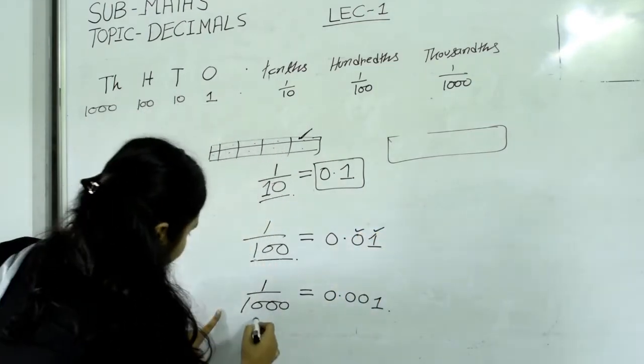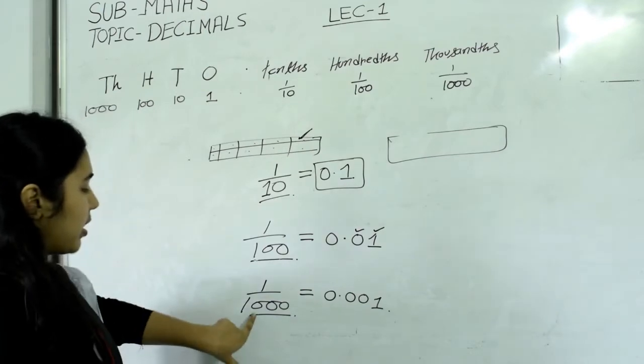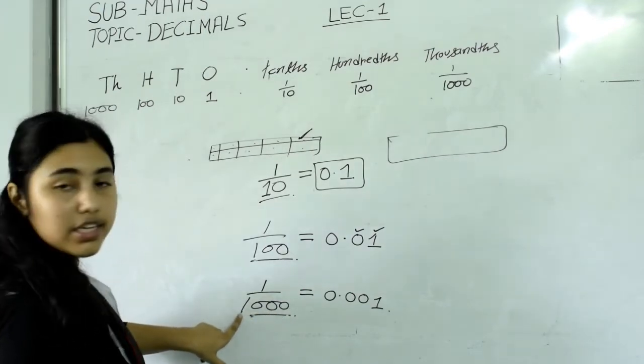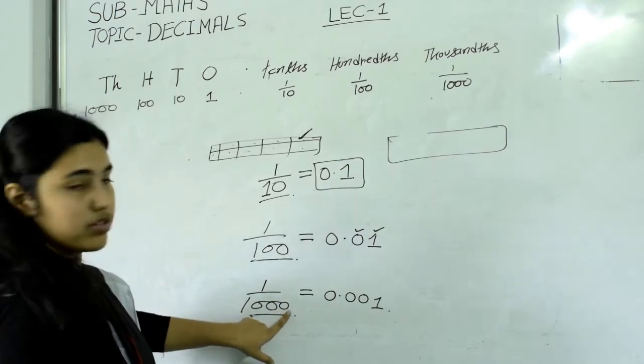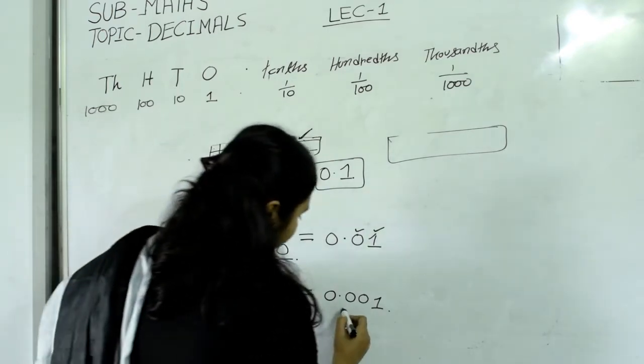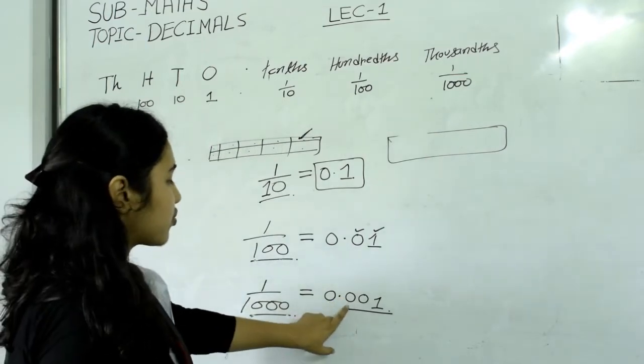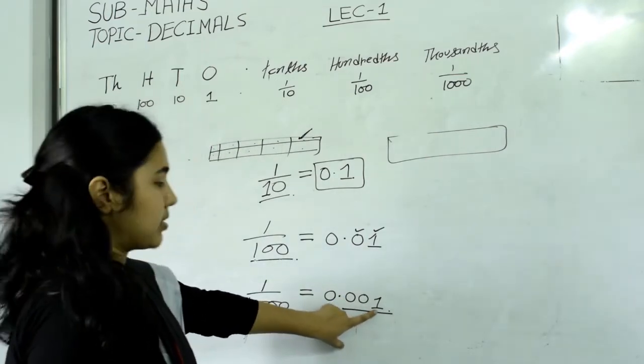And in our case, in the denominator we have 3 zeros, 1 is followed by 3 zeros, that's why this decimal has 3 decimal places.